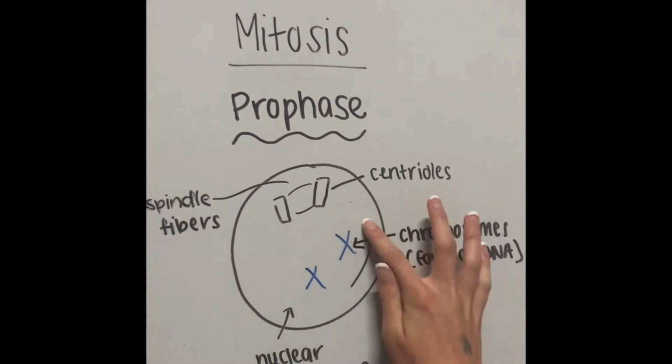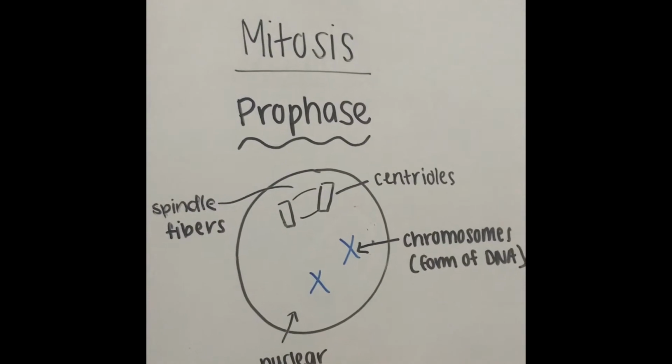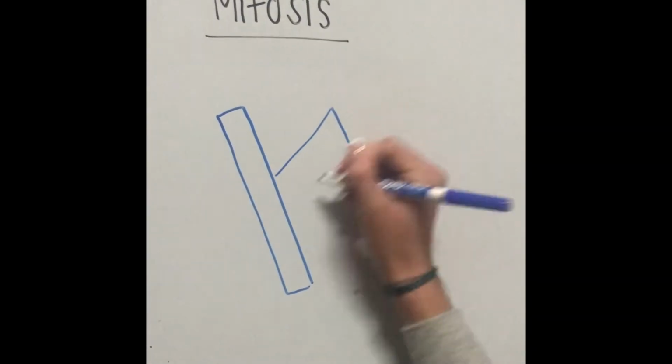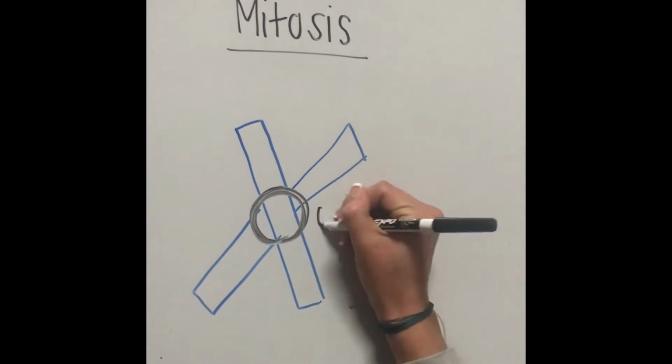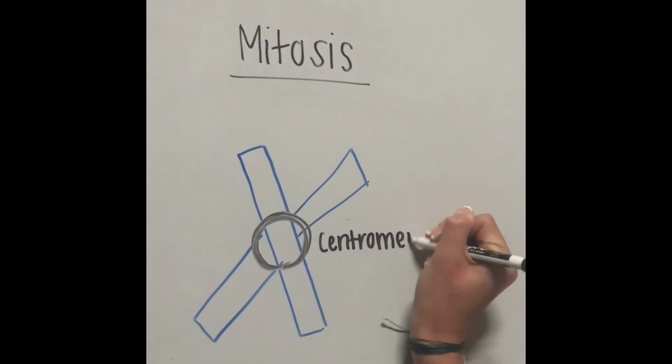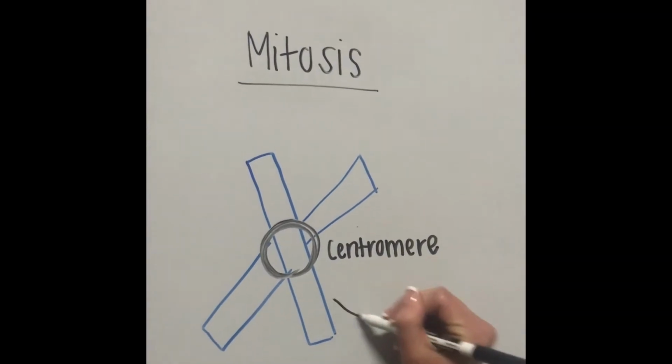During this phase, the nuclear membrane vanishes. This is a chromosome. A chromosome is a DNA molecule made up of two sister chromatids connected by a centromere.